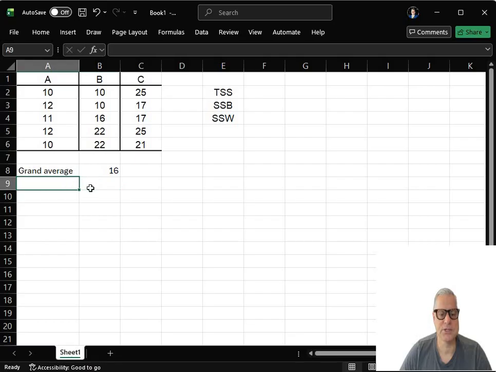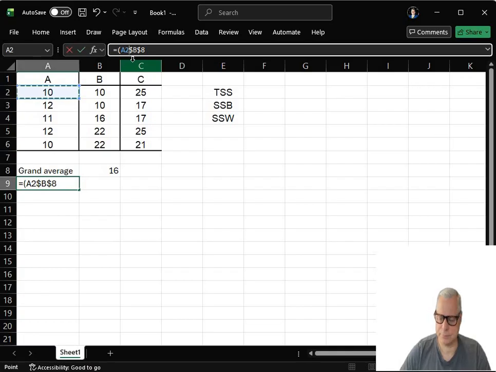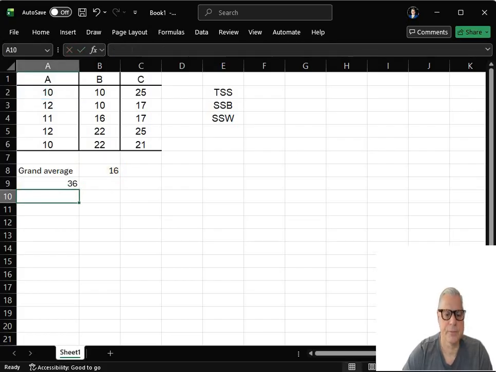So now the total sum of squares is, so what I do is I'll just subtract from every observation the grand average of 16, and square it. So now for the first observation, we have between 10 and the 16, it's a difference of 6, so 6 squared, 36.